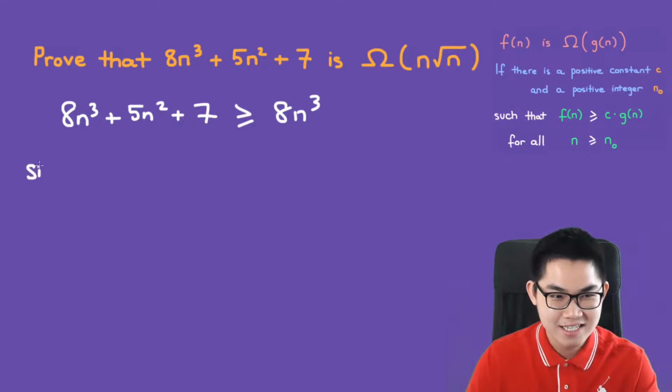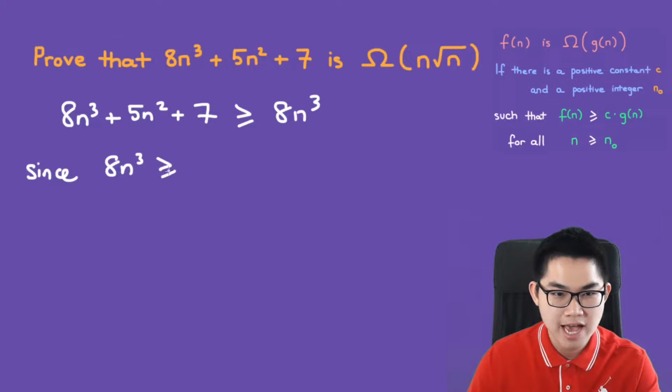Now, since 8n to the power of 3 is greater than or equal to 8n squared, and 8n squared is greater than or equal to 8n to the power of 1.5.